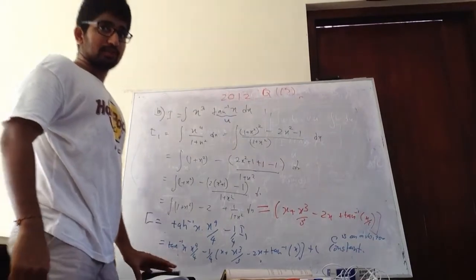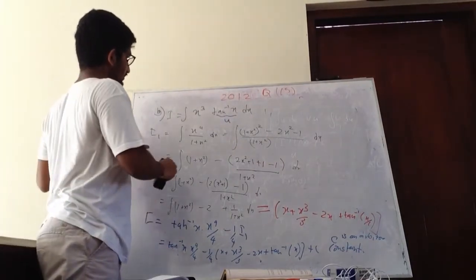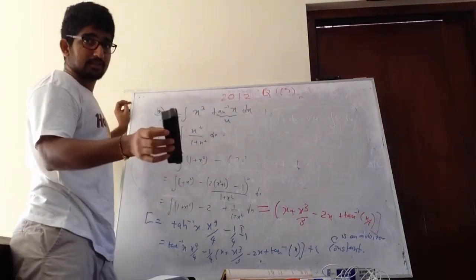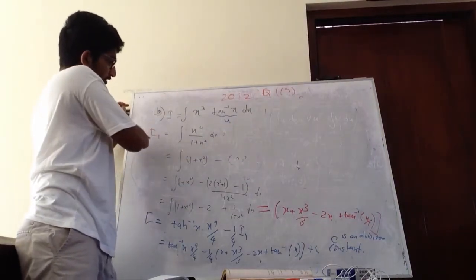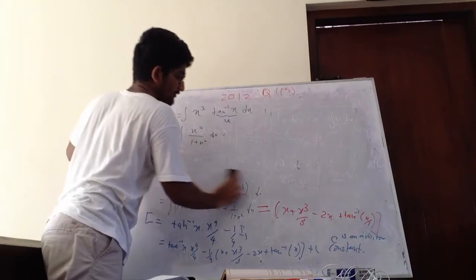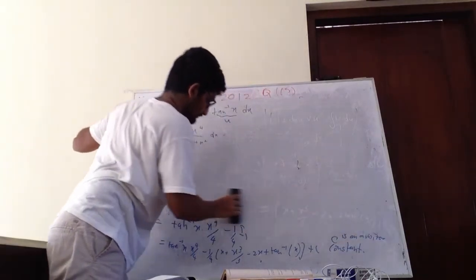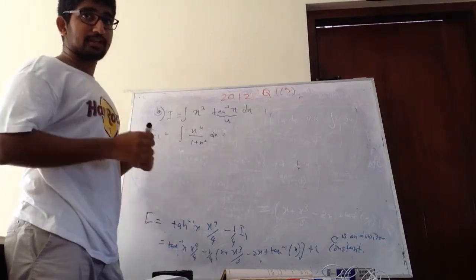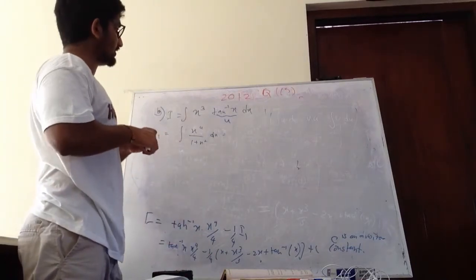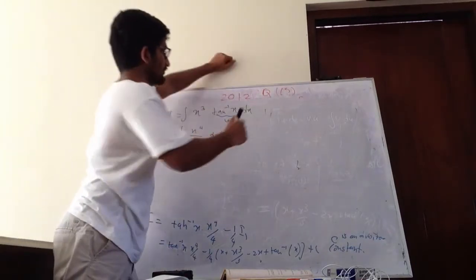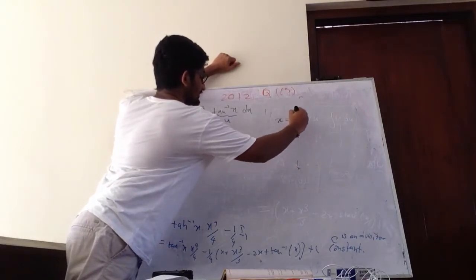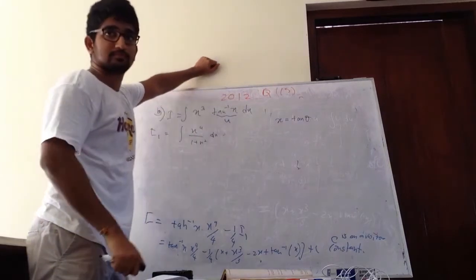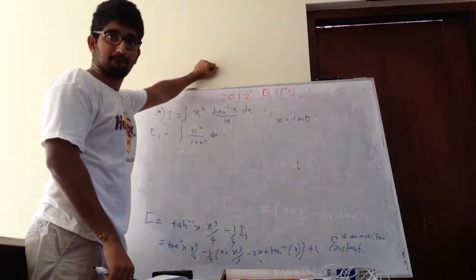Right, so now if you use substitution, basically all the previous steps are equal. I'm just using substitution for I₁. The substitution that I'm using is x equals tan theta, right?